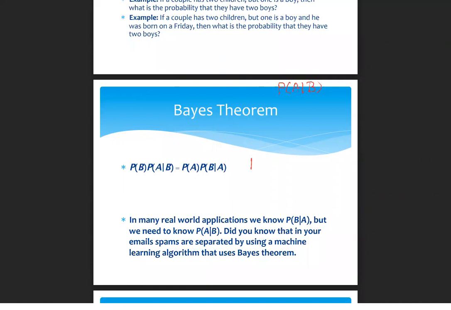Here is an example. What is the probability that an email is spam given that it has the word buy, like buy now or something, or it has the word sale, or the word promotion? Do you see? Conditional probability.